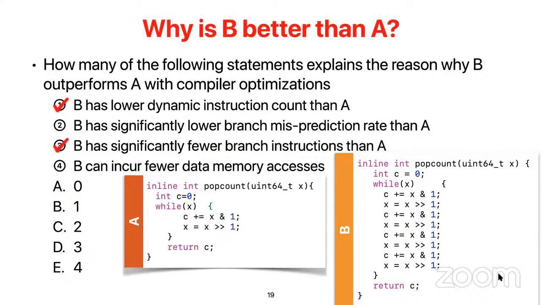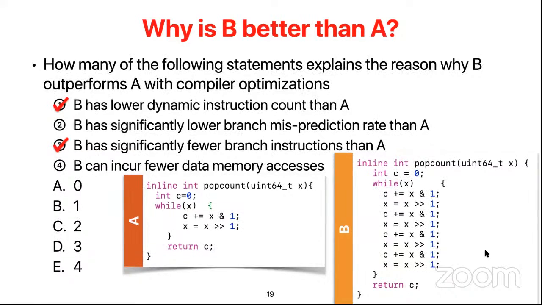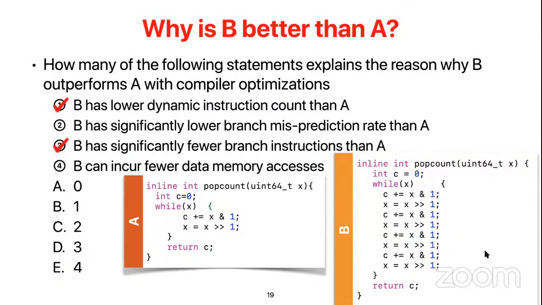However, for B, because we probably only need 16 bits of pattern to capture, plus it's very likely that you are going to exit somewhere at the very end, I would say you are very likely going to finish your branch at the 16th or 15th iteration.